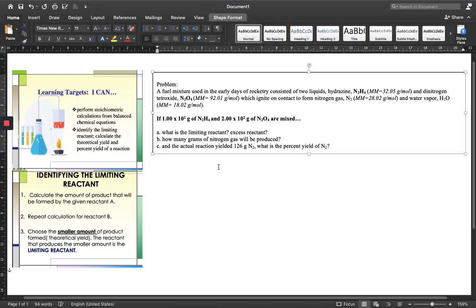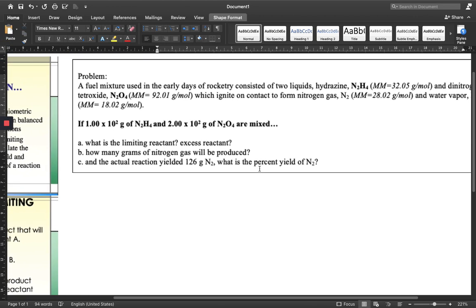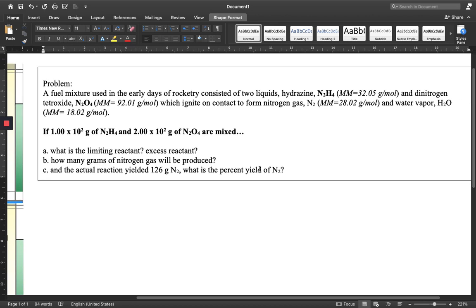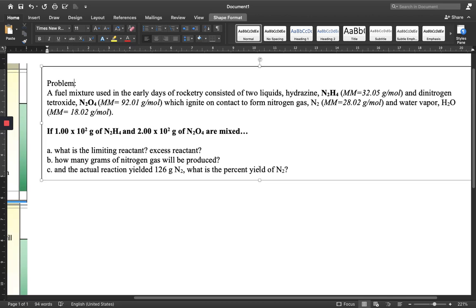All right, so here is an example of a problem that involves limiting reactants, theoretical yields, and percent yields. In here we are given a fuel mixture used in the early days of rocketry consisting of two liquids, namely hydrazine, that's N2H4, with a molar mass of 32.05 grams per mole, and dinitrogen tetroxide, which is N2O4 with a molar mass of 92.01 grams per mole.